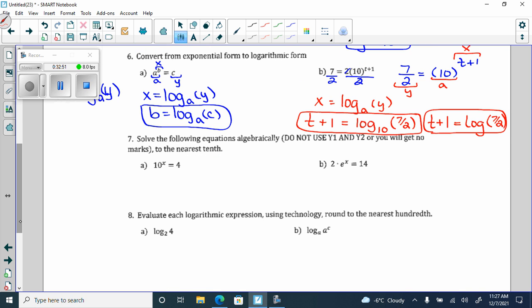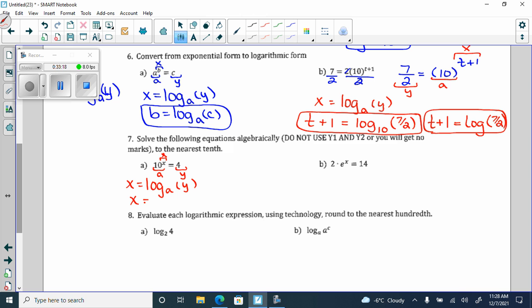Okay, these ones say solve the equations algebraically. So what I always check for first is, can I do common base? Can I do common base between a 10 and a 4? No. So what's the only way else I can solve it algebraically? Convert it to a log every single time. So this is my y. This is my a. This is my x. So I'm going to get x equals log base a of y.